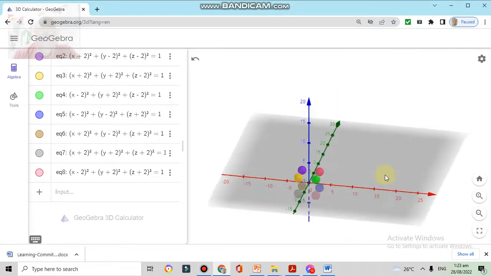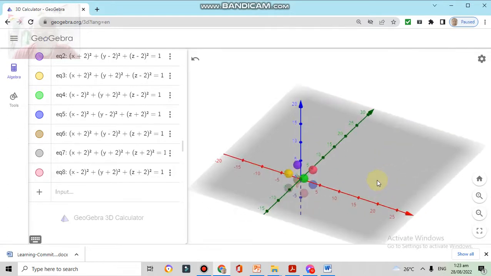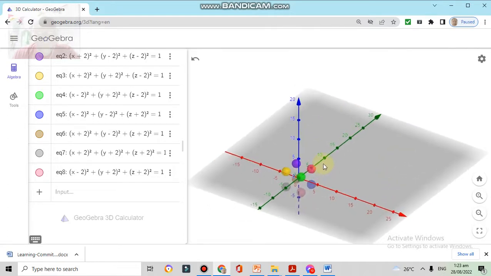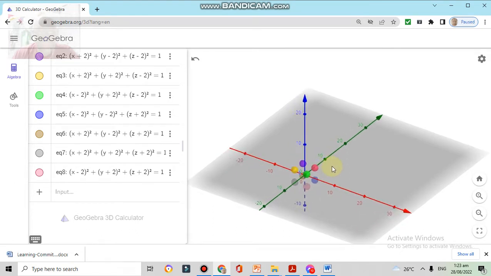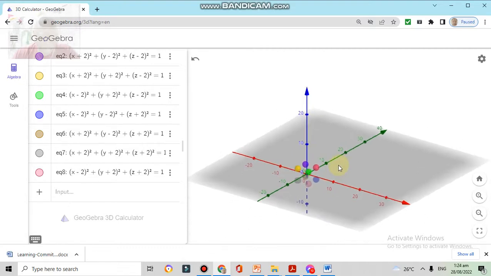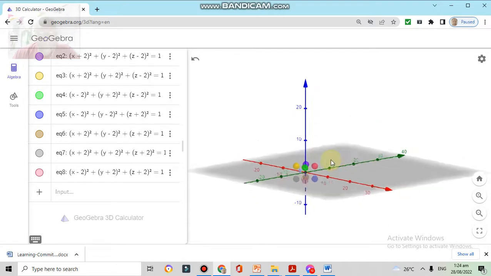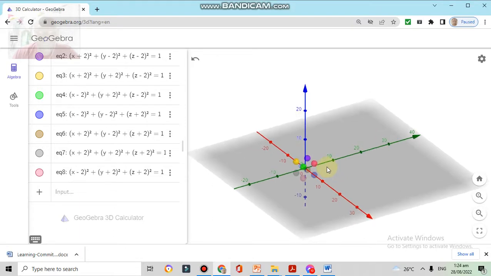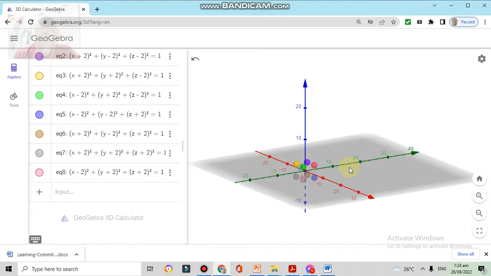Today, as we tackle the three-dimensional coordinate system, I want to tell you that there are two additional planes. Let me tell you that this xy plane is represented by the equation z equals 0.